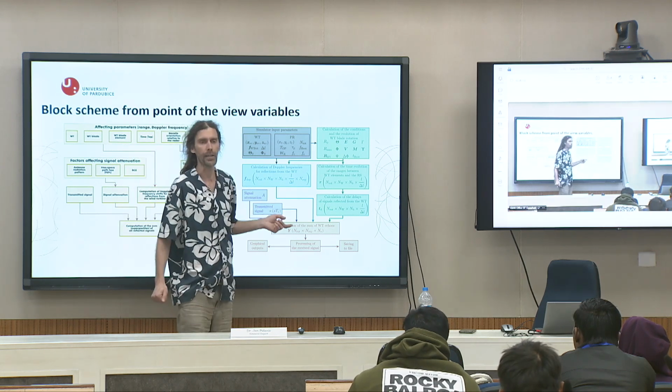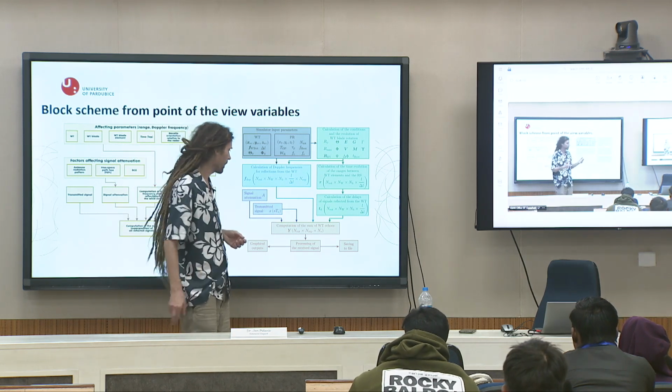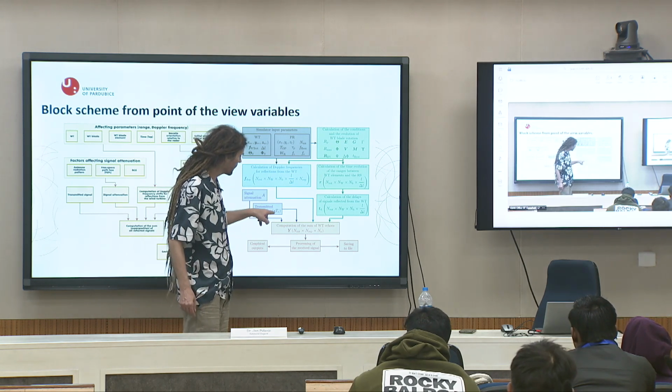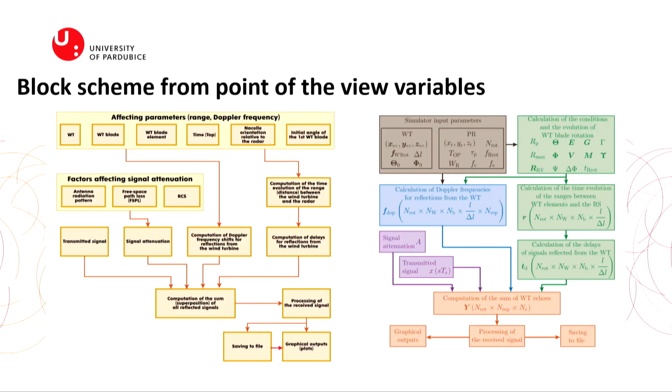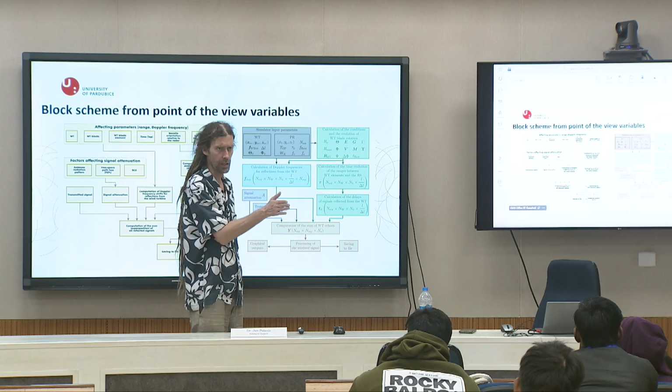Transmitted signal, okay, it is easy. We just developed some transmitted signal, and you can see there is TS, and there should be NTS, which means it is sampled. Everything is shown in continuous time, but of course it is discrete. In MATLAB everything is discrete.